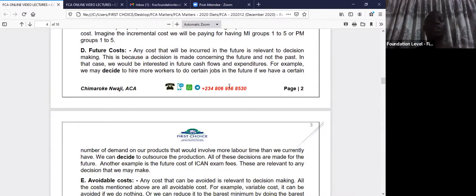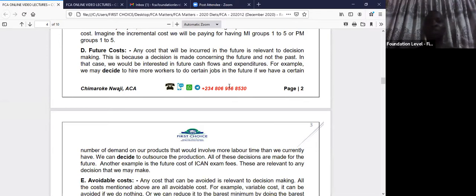Now, any cost that you can make in the future, that is relevant. And so now it is not just that variable costs are relevant. It is not just that opportunity costs are relevant.